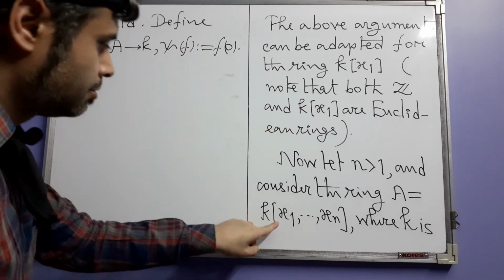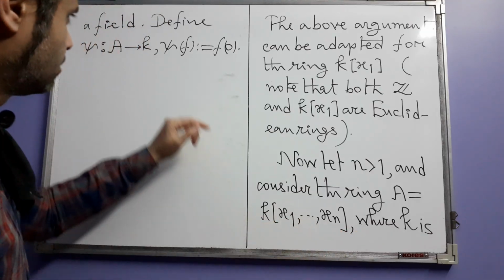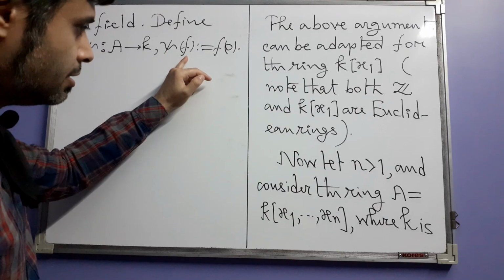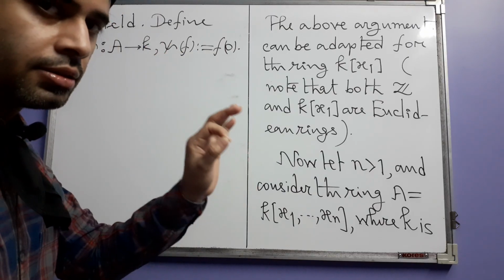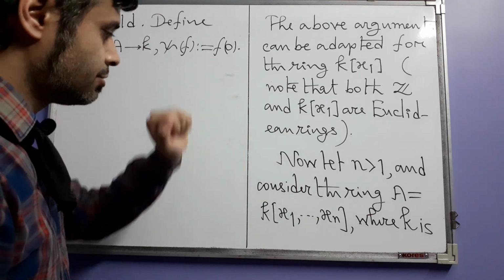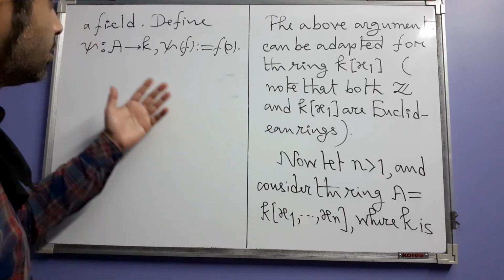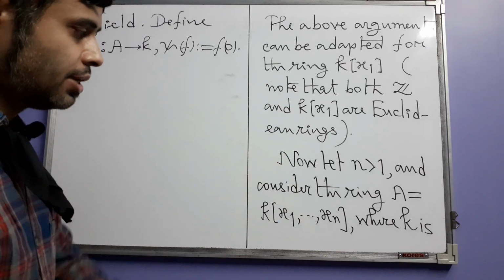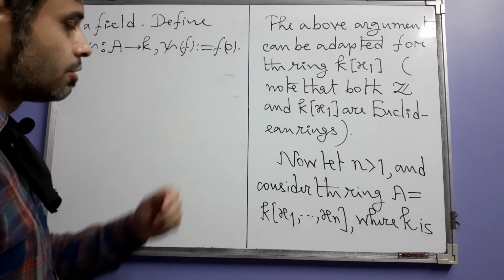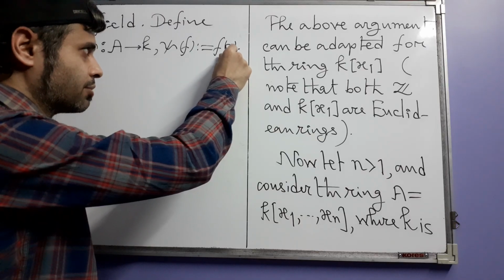You take any multivariate polynomial f from the domain of psi, and the psi image of f is that field element that you will obtain if you evaluate that polynomial at 0. I should perhaps be a little more clear about this f of 0.